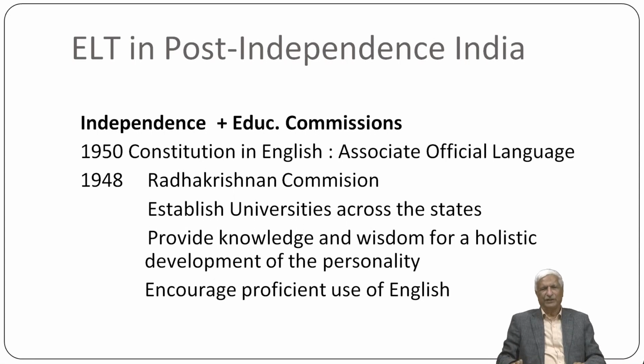The first recommendation was that new universities should be established across all states of India. India had some universities already established by the British government, but India needed many more universities, and therefore it was recommended that we should go in a big way for establishment of universities in India.